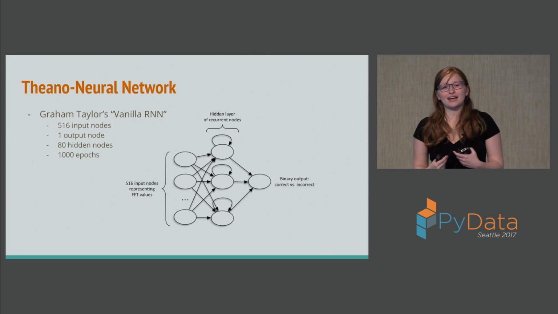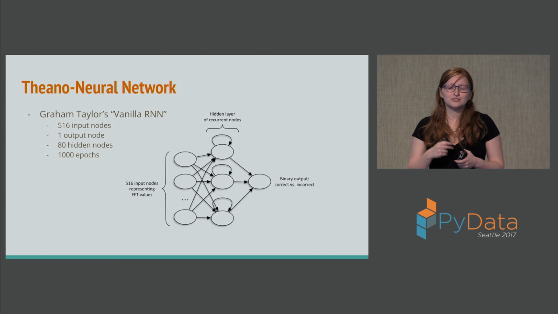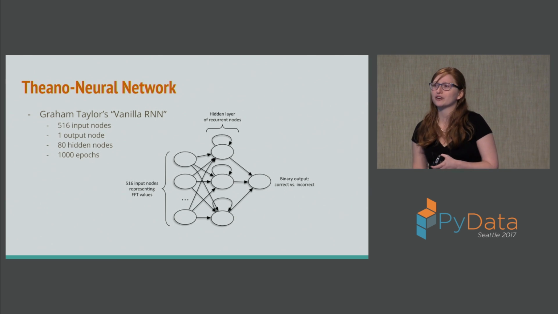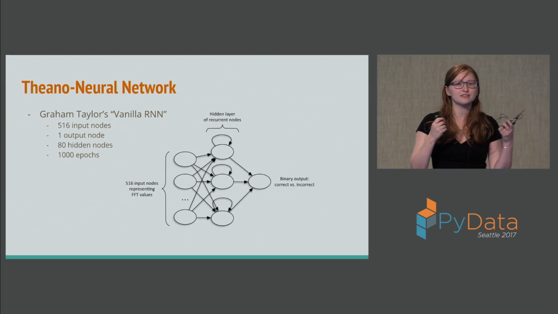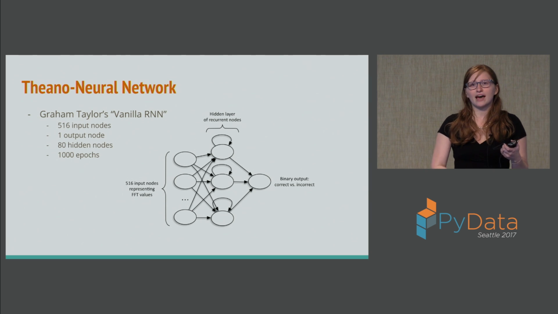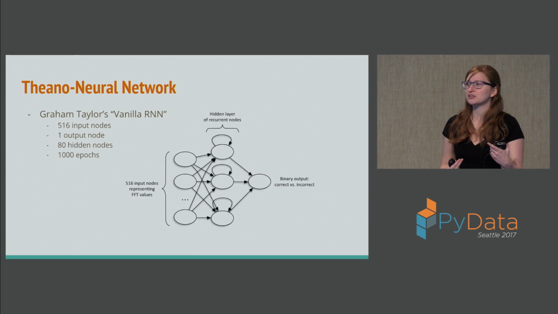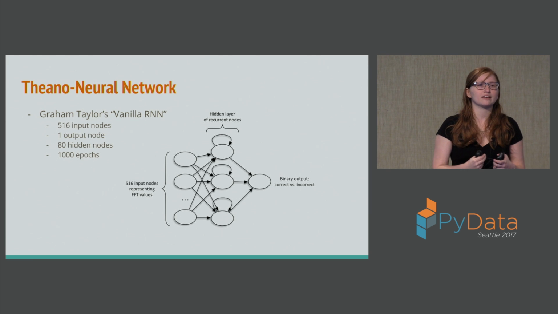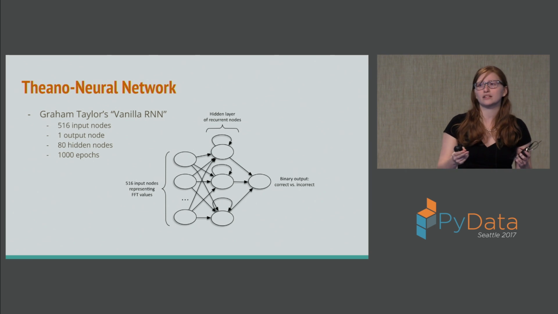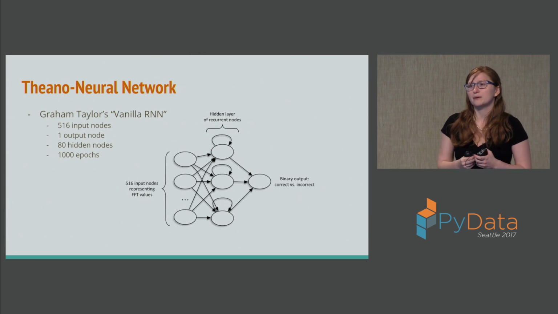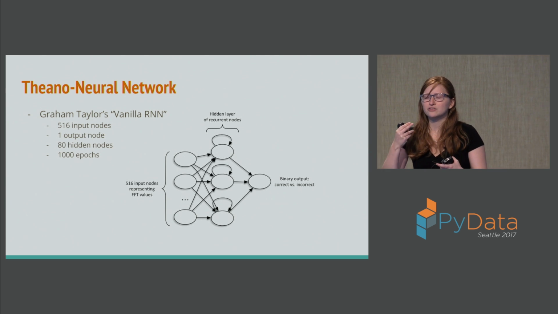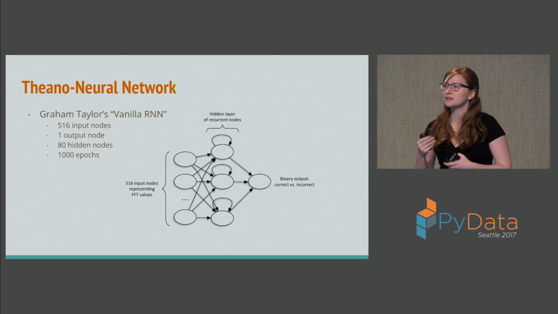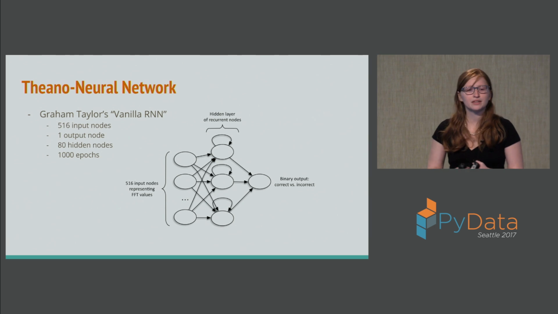So I was able to actually use Graham Taylor's vanilla RNN, which I found on GitHub. And he made these beautiful classes where you can just input your parameters, and you don't have to understand all of Theano to build these neural networks. Instead, you just set in the parameters and manipulate it a little bit as you need.